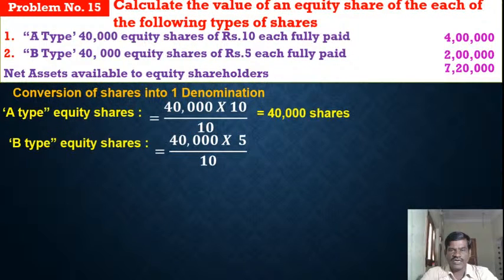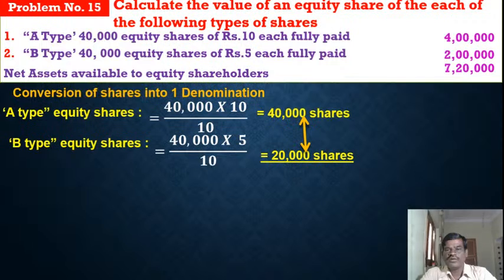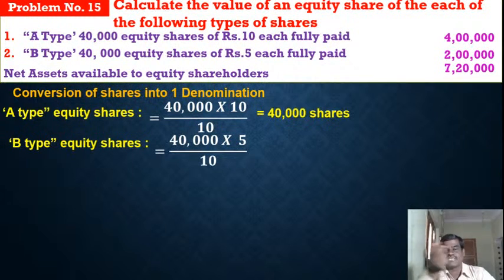40,000 equity shares in B type, face value 5 divided by 10. For which shares are to be converted into 10, that's why divided by 10. 40,000 equity shares into face value of the second type of share rupees 5 divided by face value of first type rupees 10.